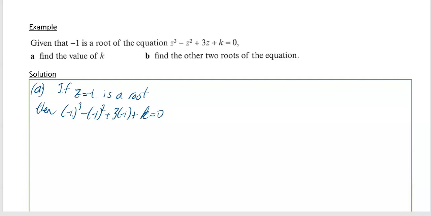It will satisfy the equation. So that works out as minus 1 minus 1 minus 3 plus k is equal to 0, which means k is equal to 5.